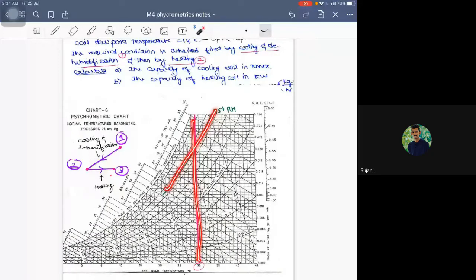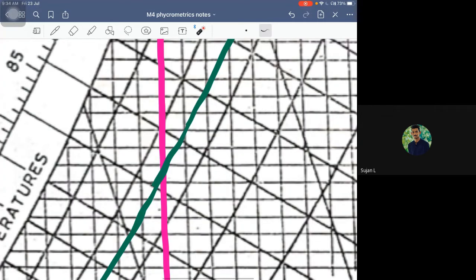So this particular intersection is your outdoor condition point.